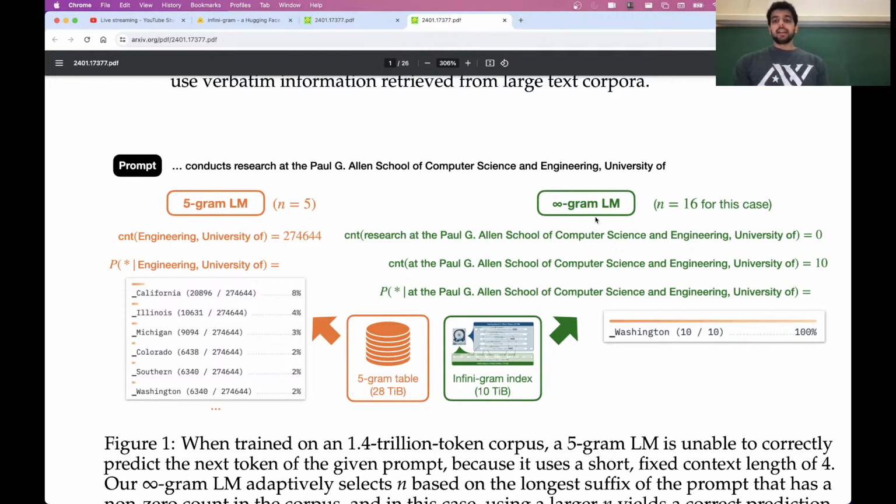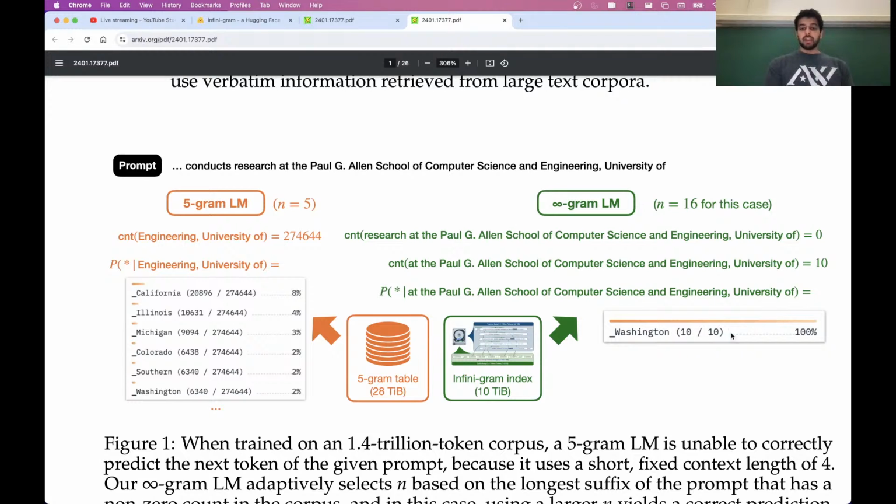They're saying that if they try to maximize the size of the prefix, such that it is a prefix they have observed verbatim in the data set at least some number of times, they're able to extend their n to 16. And then they observe that "the Paul G. Allen School of Computer Science and Engineering, University of" occurred 10 times in this giant data set of 1 trillion tokens.